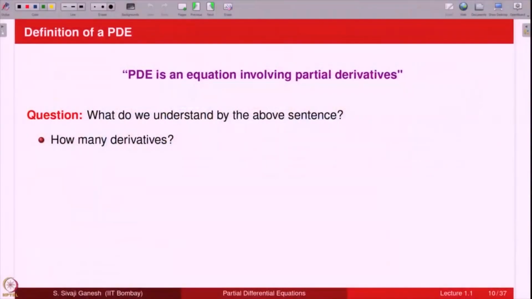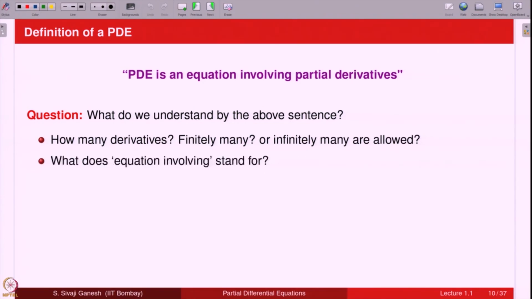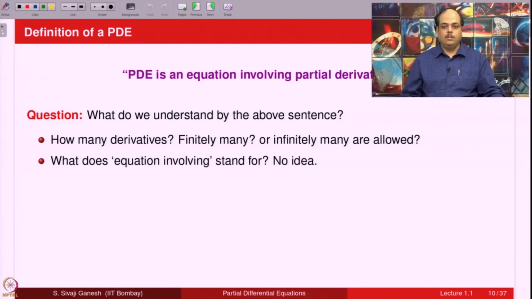Question: what do we understand by the above sentence? We are saying involving partial derivatives. So, the question is how many derivatives? Finitely many, or is infinitely many also allowed? There is one question there. The second question is, what does the equation involving stand for? What does that mean? No idea.